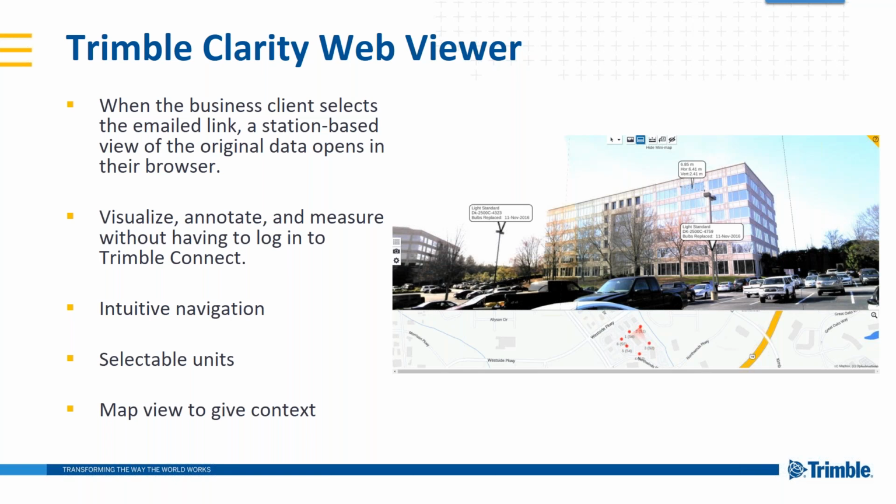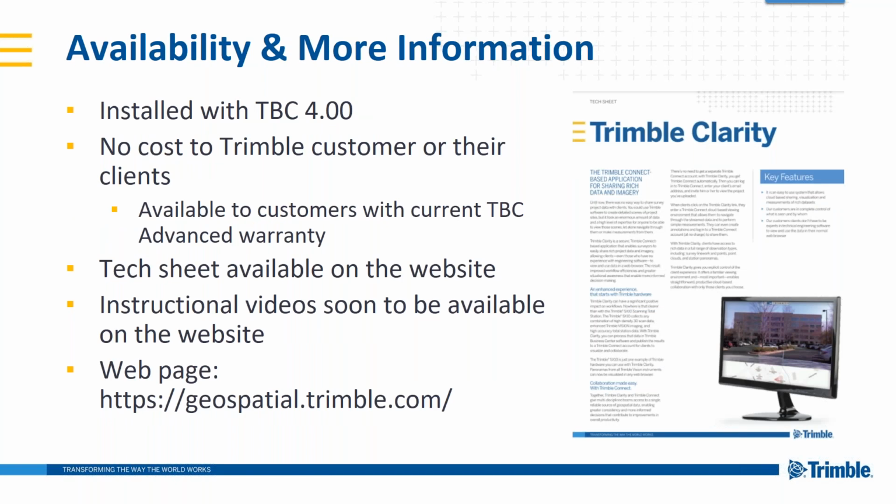Very intuitive navigation, simple for non-engineering types to use. We can flip back and forth between metric and feet, meters and feet. And we also have a map background. If you have georeferenced information in your data set, we can place a map background behind the station view.